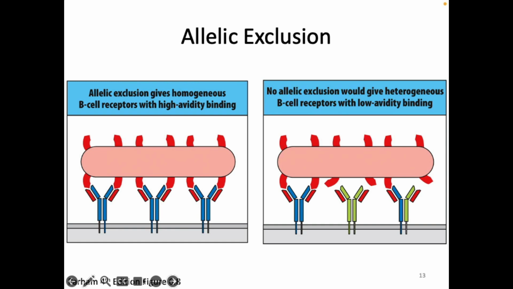And so imagine, if you will, that we have no allelic exclusion. You could make heavy chain from mom. You could make heavy chain from dad. And you could put them with mom's kappa.